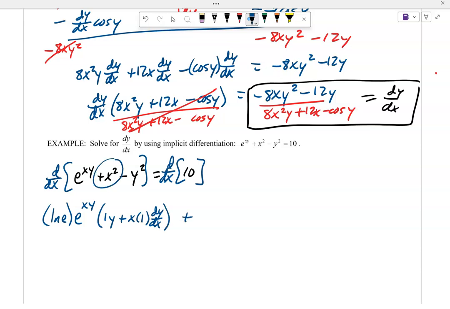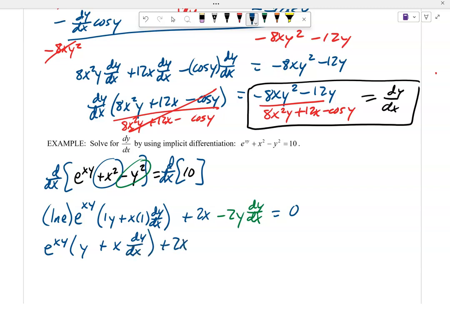Plus, now I'm taking the derivative of x squared, which is 2x. And then I'm taking the derivative of that minus y squared, so minus 2y chain rule dy/dx. And then over here on the right-hand side, derivative of a constant, luckily we've just got a 0 right there. Okay. So we've got e to the xy times y plus x dy/dx plus 2x minus 2y dy/dx equals 0.